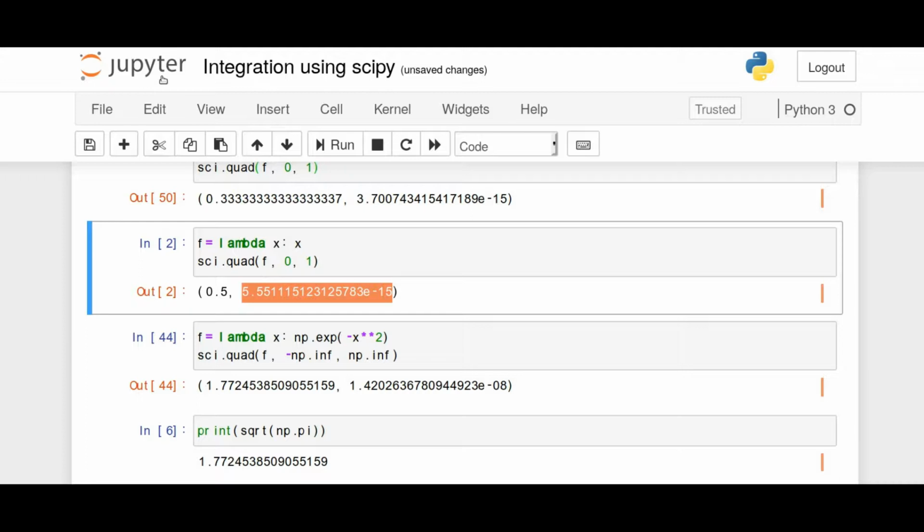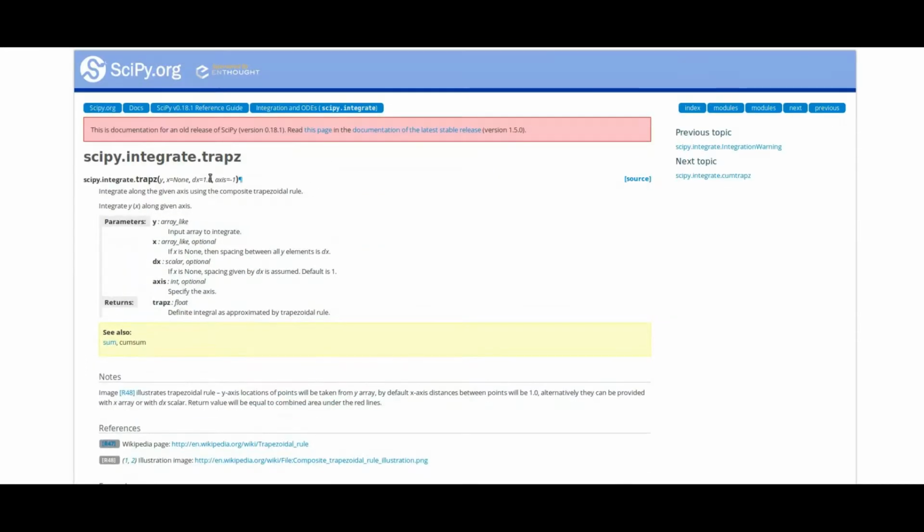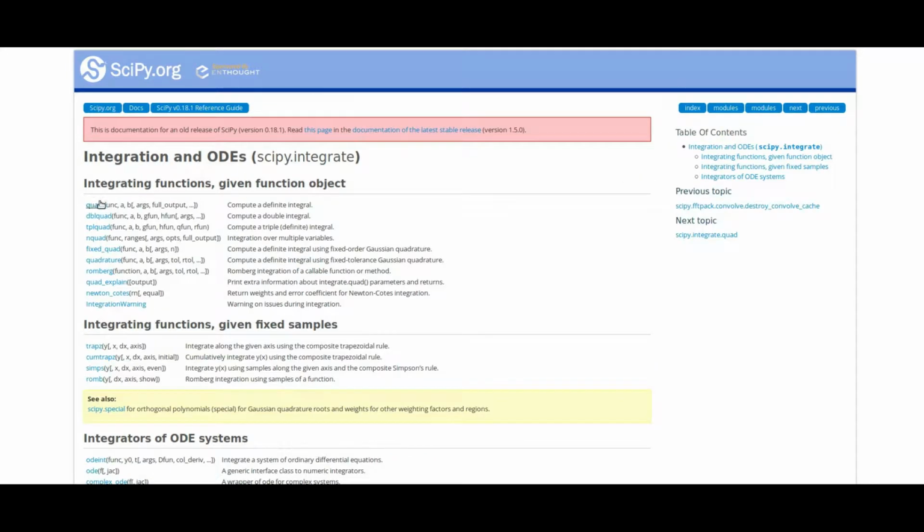I encourage you to always see the docs.scipy.org website. There are all the details of scipy integration functions, the different integration functions. It is very extensive documentation on how to integrate with the scipy.integrate package. In the scipy.integrate package there are the quad function, dblquad for double integrals, tplquad for triple integrals, and nquad over multiple variables, and fixed_quad, fixed-order Gaussian quadrature.